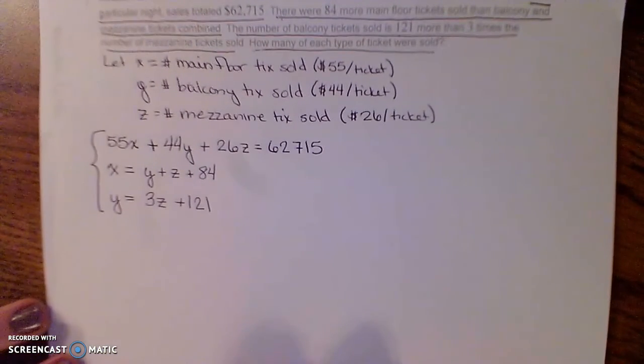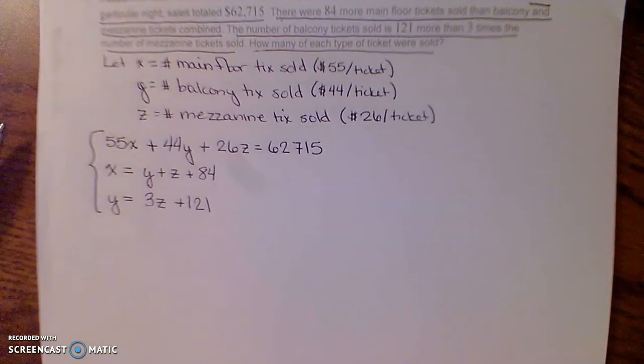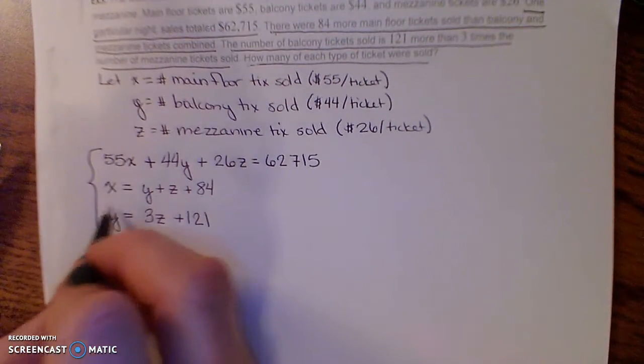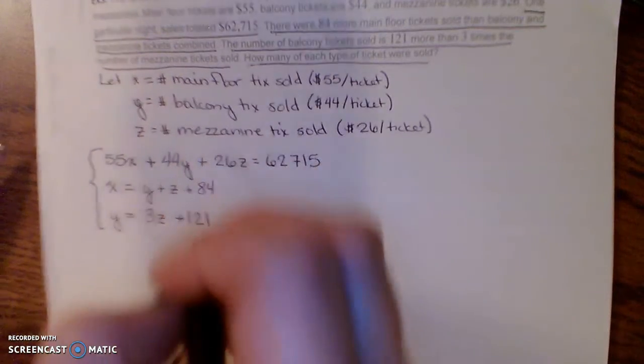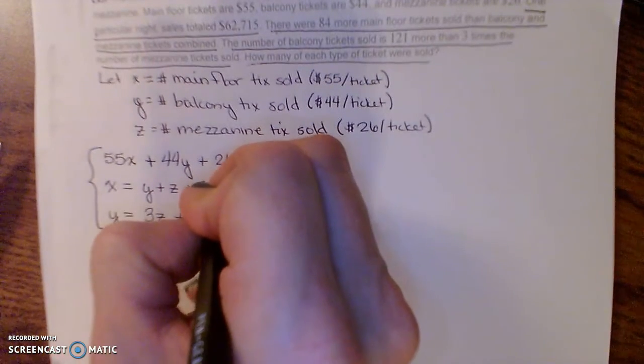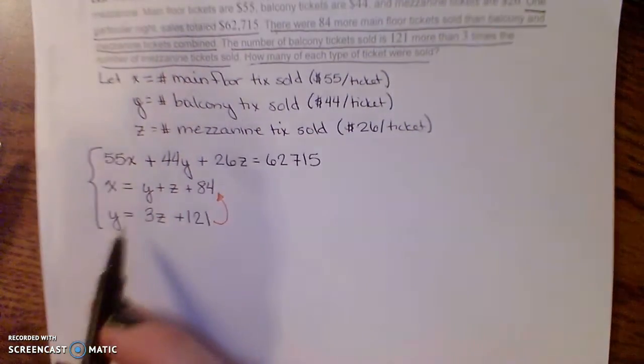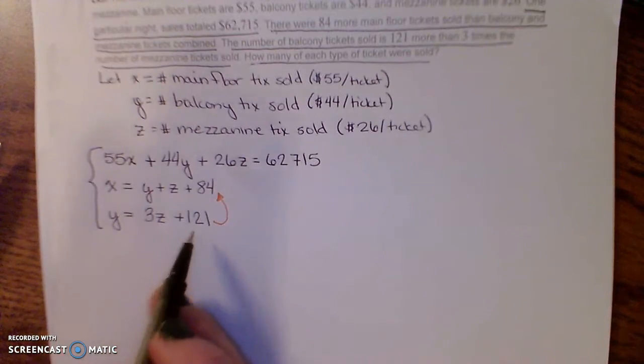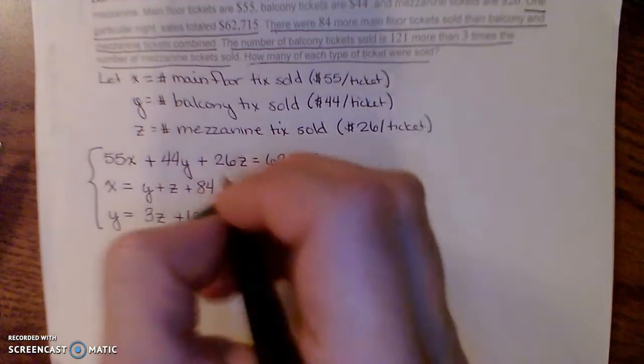We'll do 2 methods. Method 1 will be solving by substitution. This screams out to me just because I have Y by itself here and X by itself here. I can kind of back substitute. First, replacing Y with 3Z plus 121.